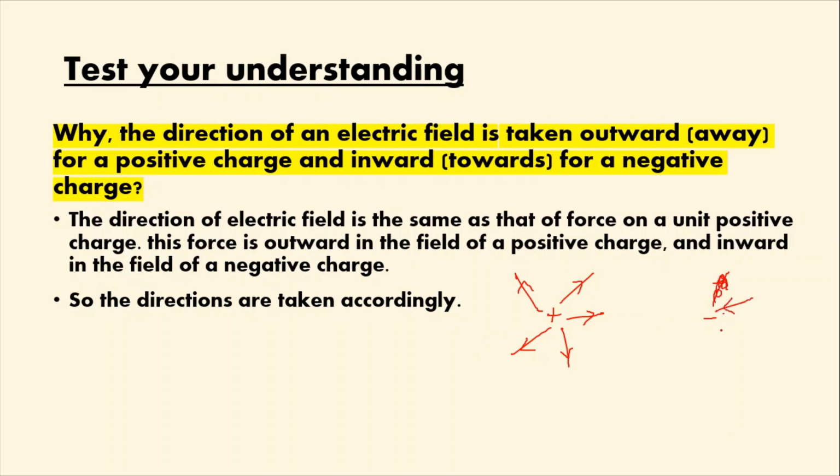The direction of the field will be shown inwards. So, direction of electric field is same as that of the force. The force for a positive charge will be directed outwards, and for a negative charge it will be directed inwards. In a similar way we are drawing the lines for electric field also.